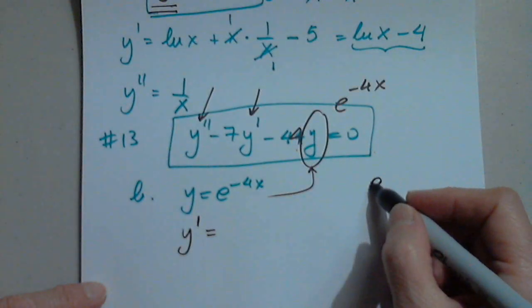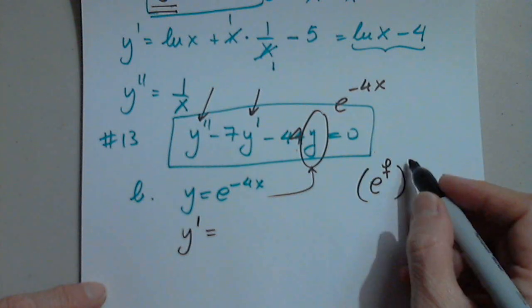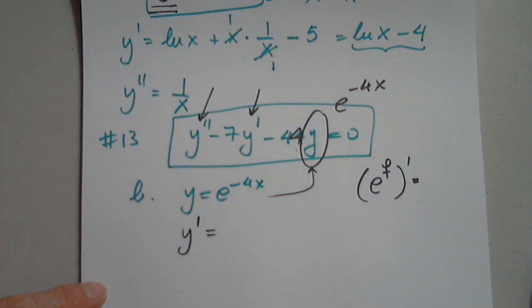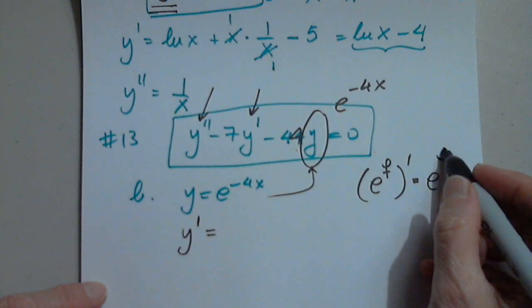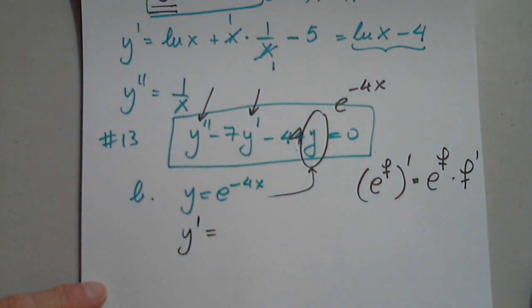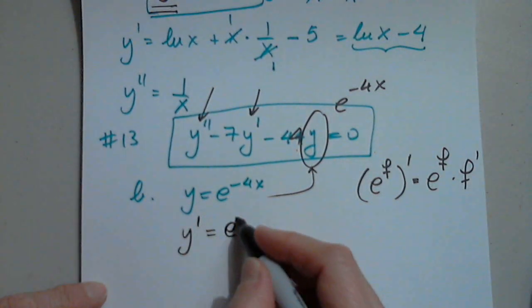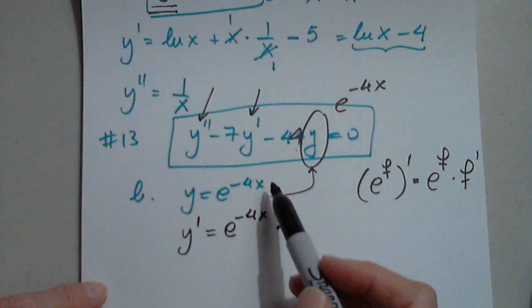So how do we differentiate e to a function prime? Okay, let me refresh your memory. It's e to f times f prime. So this is e to f times f prime.